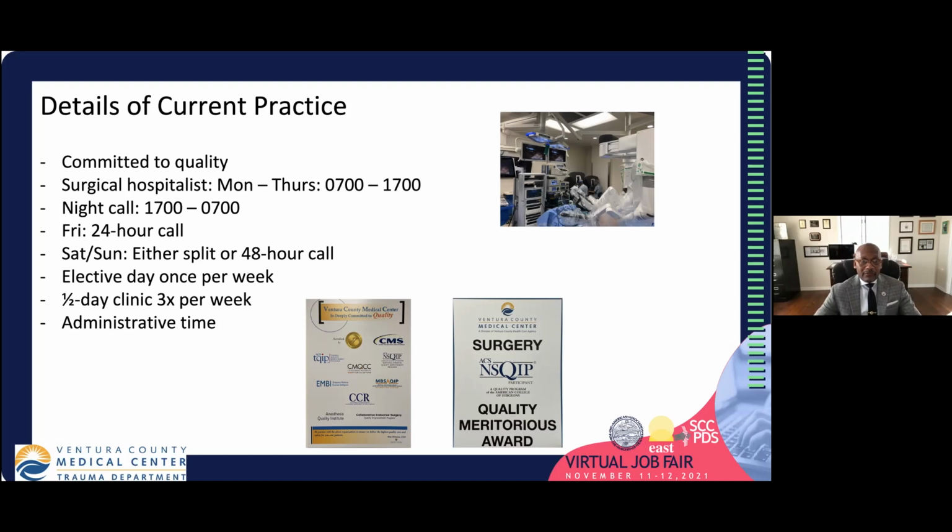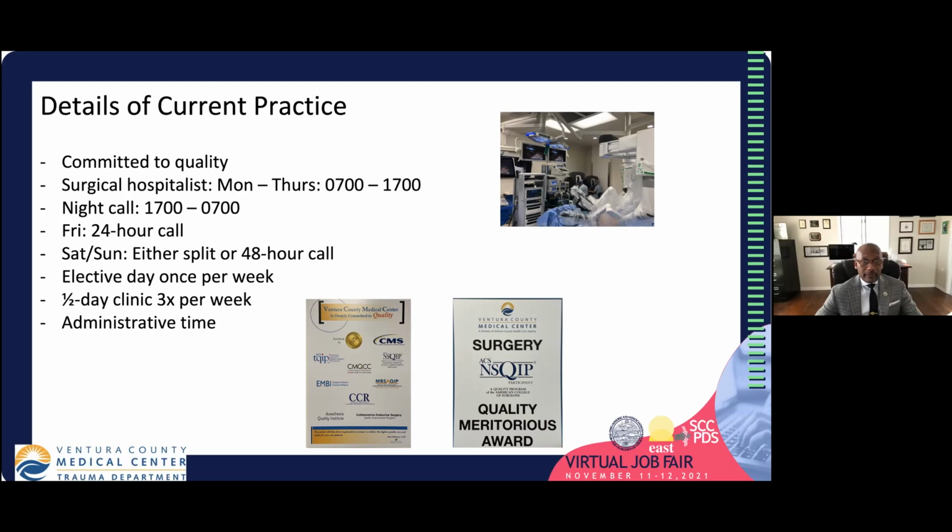On the weekend, we have that call assigned to one surgeon. He or she can decide whether they want to split that into two, either 24 hours or 48 hours. I'm on call this weekend. I normally like to take my 48-hour call, so I'll do that. And then it happens every 5th or 6th weekend. We also have an elective practice in which you do cases either once a week, or you can do it twice a week.